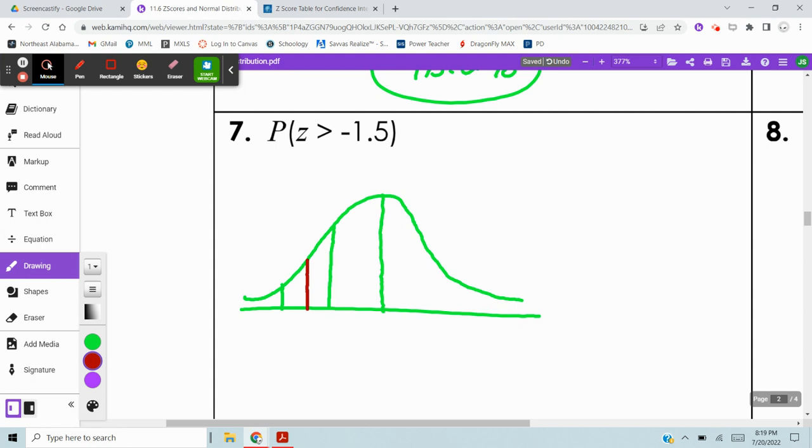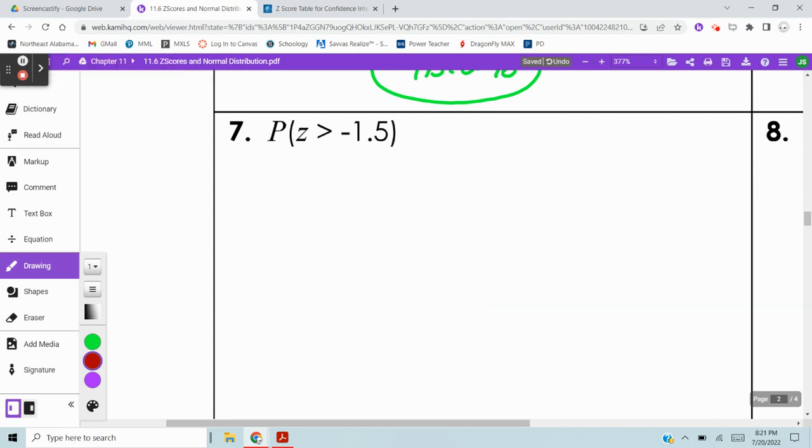We want to know the probability that we are greater than negative 1.5. We've got to remember that this thing is symmetrical. Okay, we're looking for the probability that z is greater than negative 1.5.